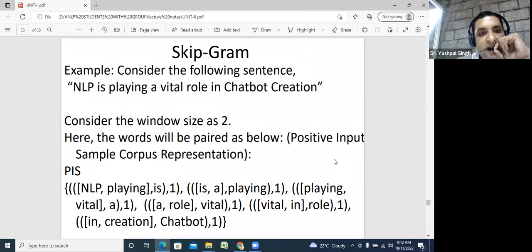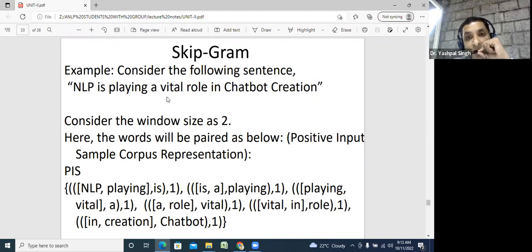So we are pairing, just like the first one, NLP and playing will be 1. We discussed this in the previous lecture, so the same method is deployed here.